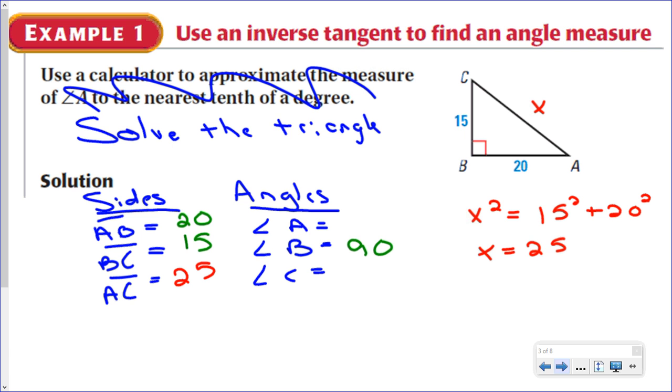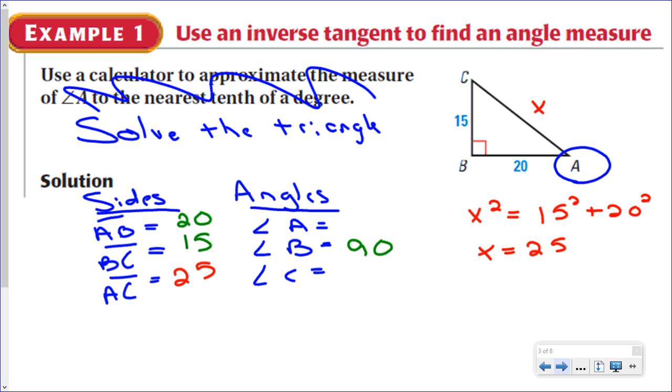The sides are done. Here's what's brand new with this lesson. We now got to go for the angle, and to solve for the angle, you have to use inverse. First we're going to start at an acute angle like angle A. Now I identify what I know about the triangle.